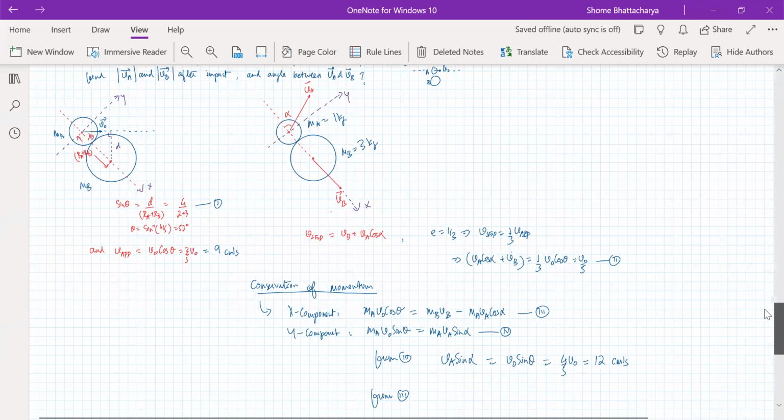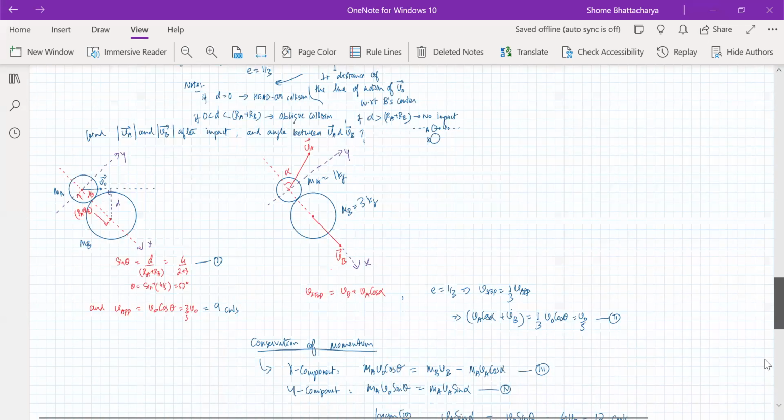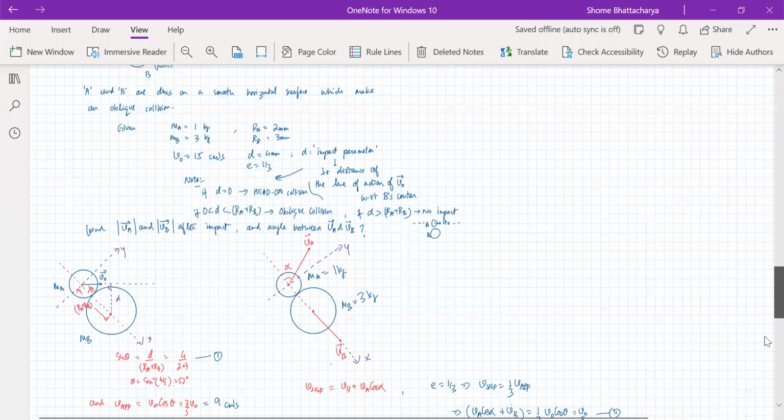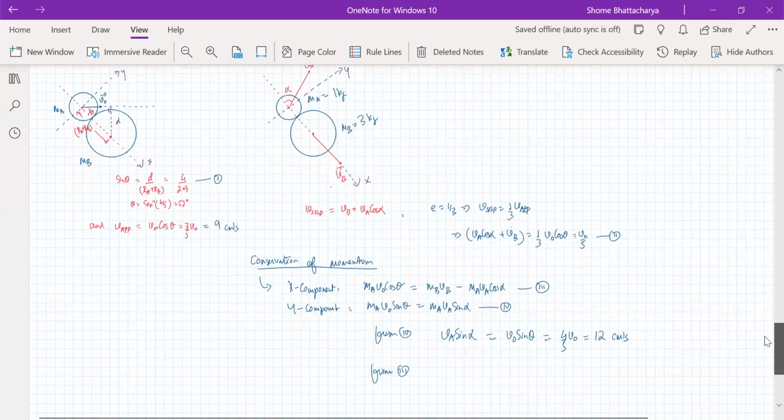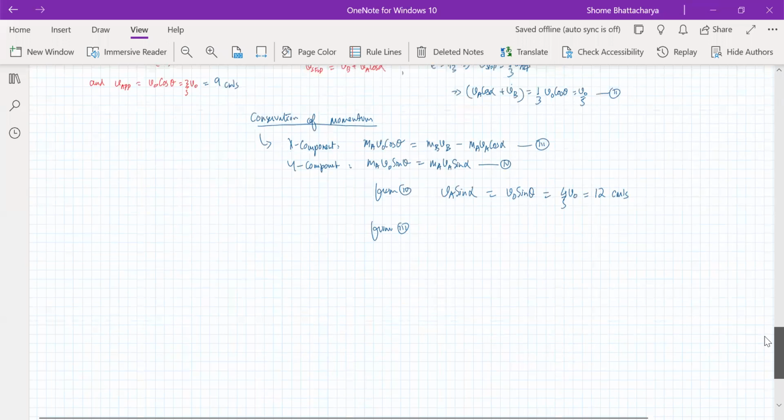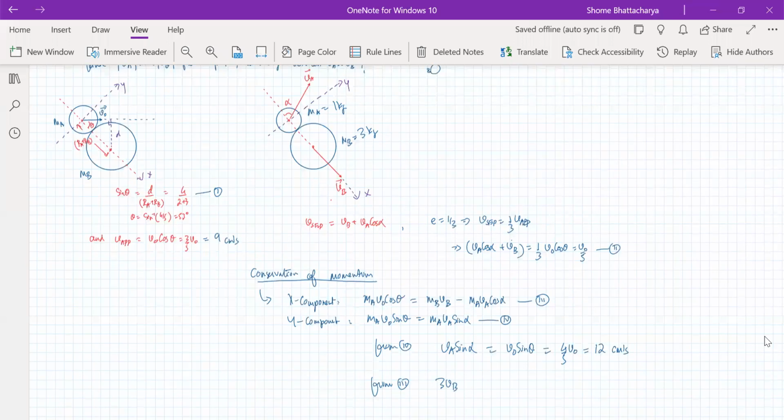Let's check. 3 kgs. Okay. So from equation 3, what we'll get? MB, that is 3 VB minus MA, that is 1 into VA cos alpha. Cos alpha is an unknown quantity, is equal to MA, that is 1 into V naught cos theta. So V naught cos theta is how much? 9. So this is 9. Okay, this is in kg centimeters per second.